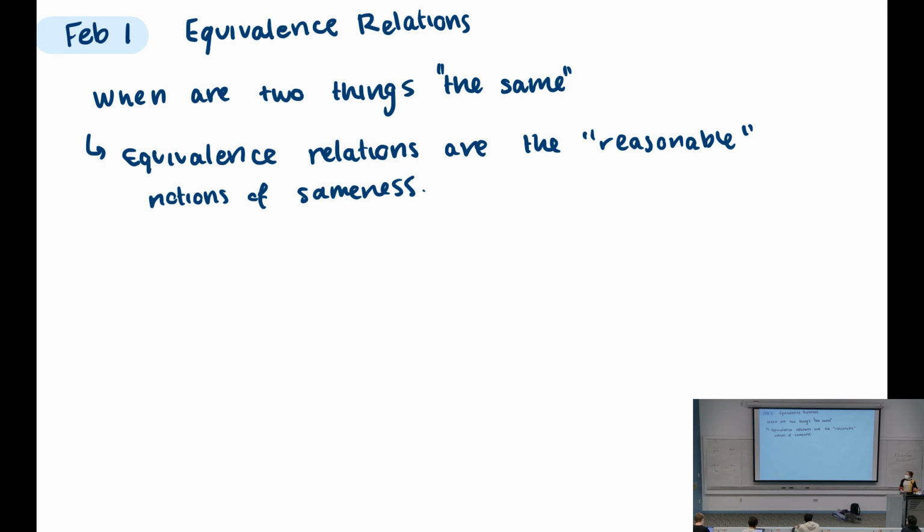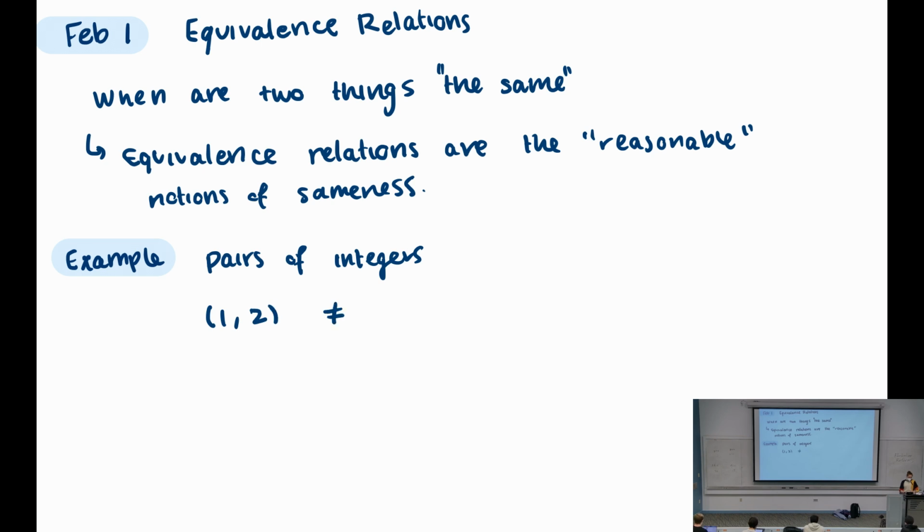Okay, so let me give an example. So we might be looking at pairs of integers, and typically you would think of the pair of integers 1, 2 as not the same thing as the pair of integers 3, 6.